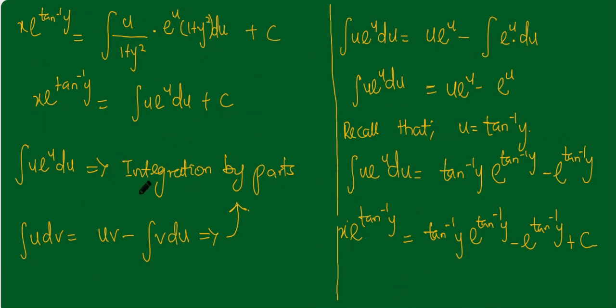So in continuation, we can divide all through by e raised to power tan inverse of y. So we have x is equal to e raised to power minus tan inverse of y multiplied by tan inverse of y e raised to power tan inverse of y minus e raised to power tan inverse of y plus c.